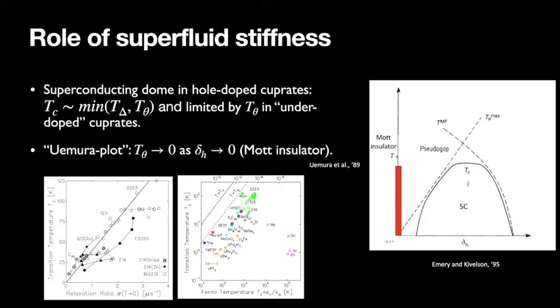Then here, because of correlation effects, you have a Mott insulator, and then you dope it with a few holes, and experimentally you find that there is a dome of superconductivity. Now, early experiments by Uemura and others pointed out that, in fact, the TC on this side of the phase diagram does scale almost linearly with the measured value of this phase ordering scale at 0 temperature.